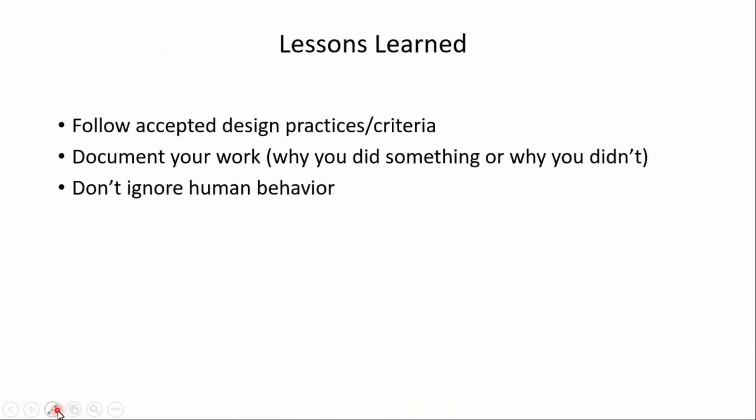What lessons might we learn from that? I think one, of course, is to make sure we follow accepted design practices and criteria. I'm not sure why that sort of backward location of the crosswalk and the stop line was allowed to be installed like that, even after a reviewer commented negatively about it.